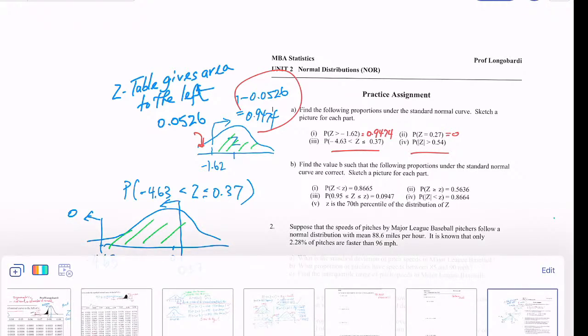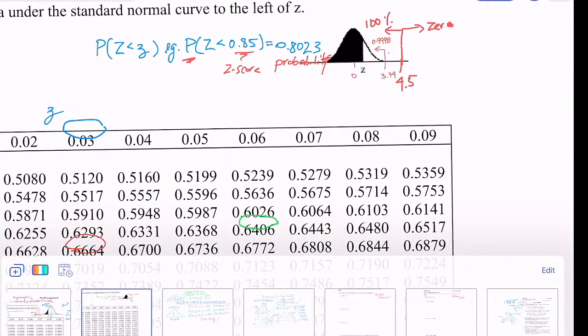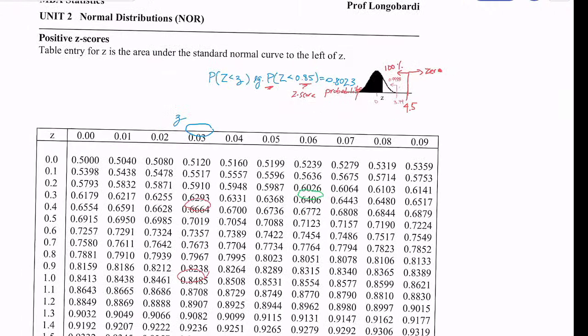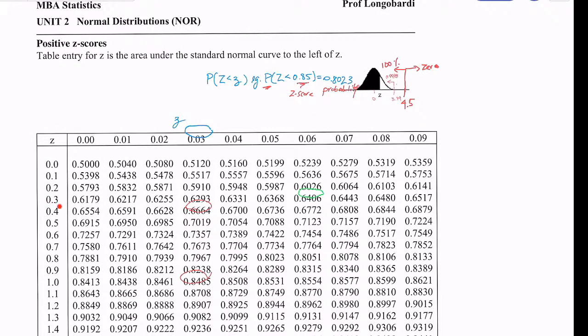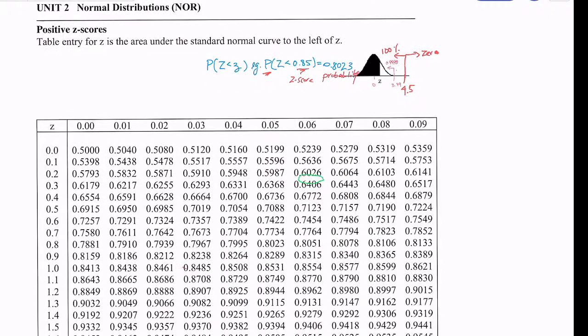I use the positive table, and I look for 0.37. 0.37 is here. So 0.37 is 0.6443.